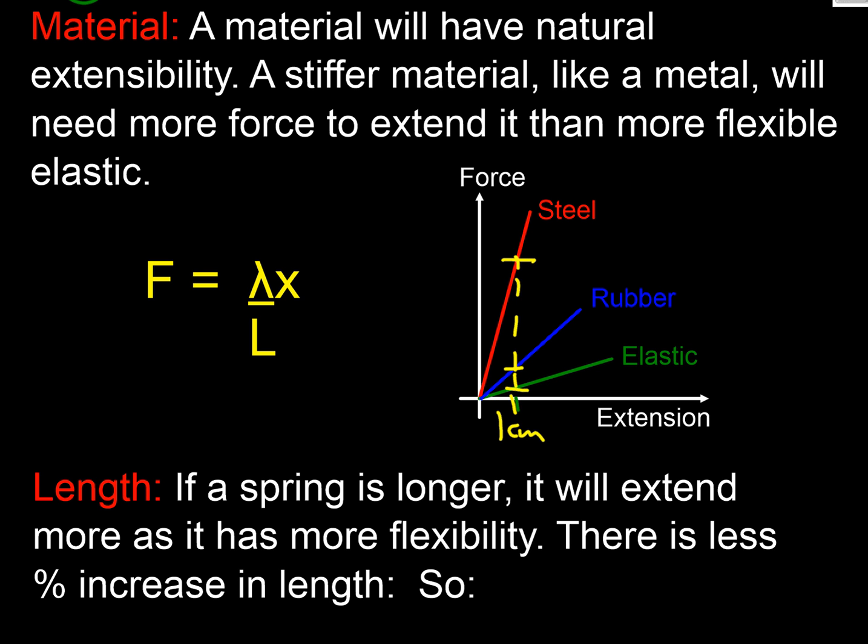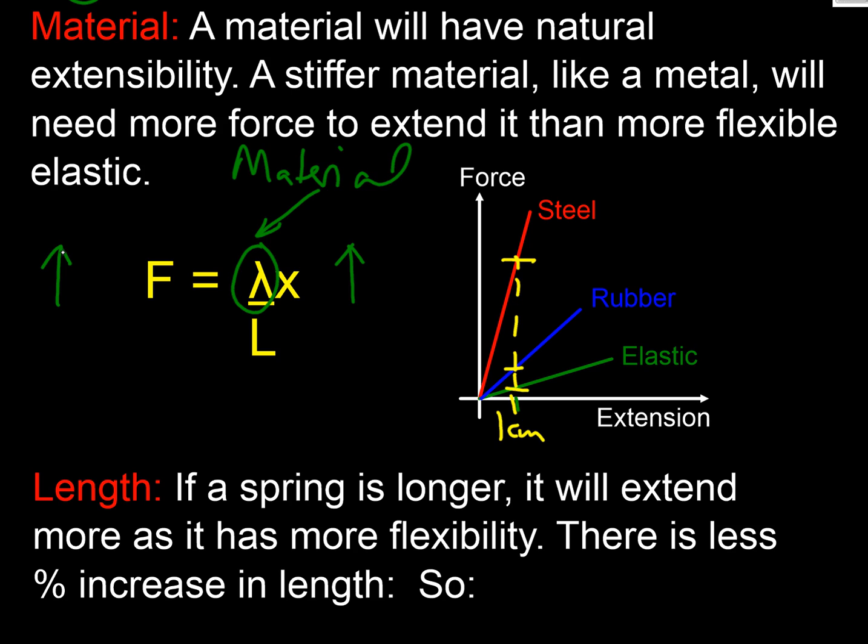So the material we've got is important, and we would get a value lambda for that material and the cross-sectional area combined together. Our lambda tells us what's happening with the material. So if the lambda is increased, say we're using steel, we would need more force to extend it.